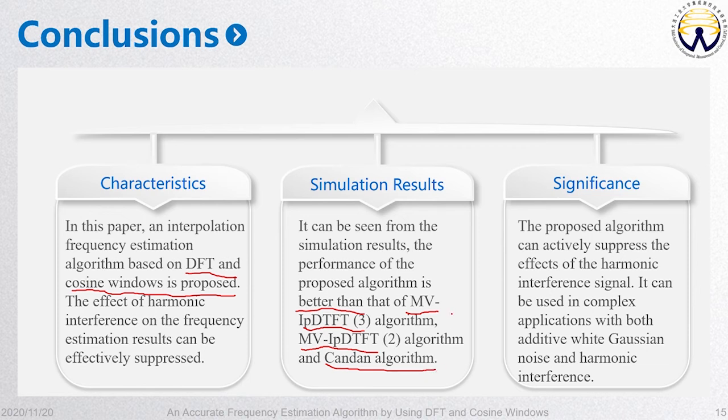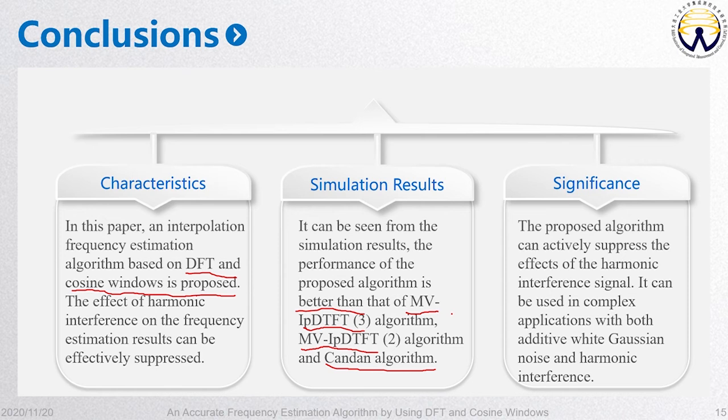When v is greater than 2.51 and less than 5.5 and delta is close to 0.5, the MSE of the proposed algorithm with the two-term MSD window is lower than the MV-IPDTFT3 algorithm and the cosine algorithm.